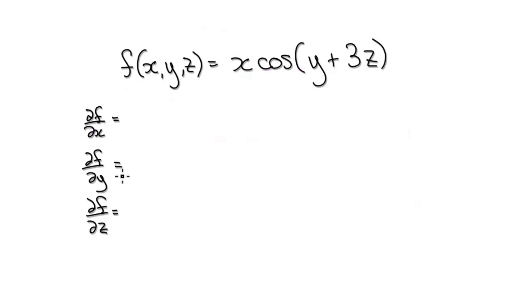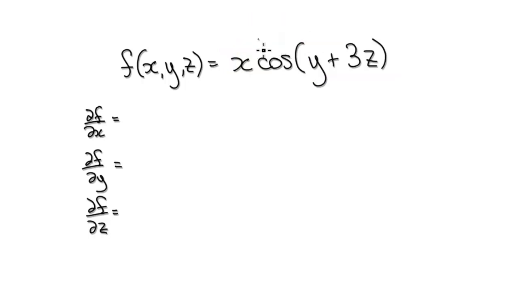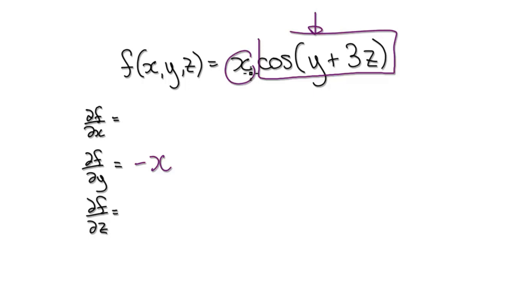So now let's do it with respect to y. So this block here and this block here. This block here contains y, so it is a variable. This is just a constant. So let's just concentrate on this. This is a constant, remember. So when you differentiate this block, it would be minus sine. Remember, the x stays the same.